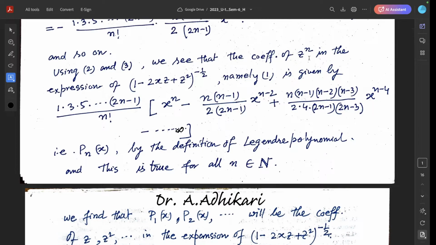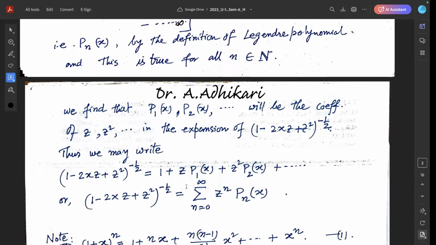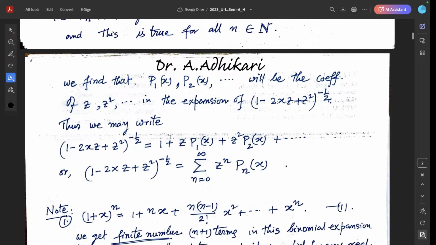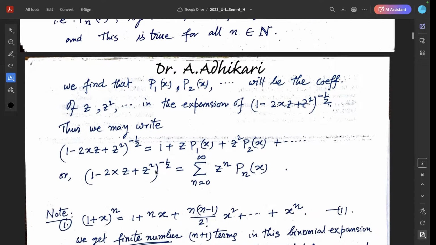Actually, this is z to the power n into Pn(x), and similarly z to the power 1 into P1(x), z to the power 2 into P2(x), and so on. So finally we get this. This is the generating function for the Legendre polynomials.